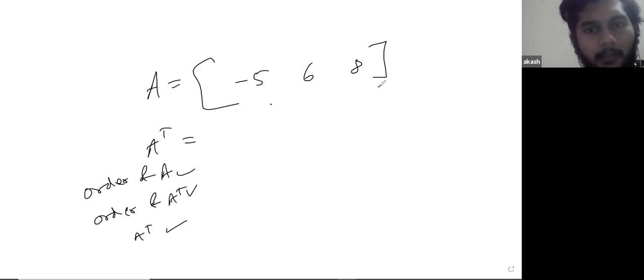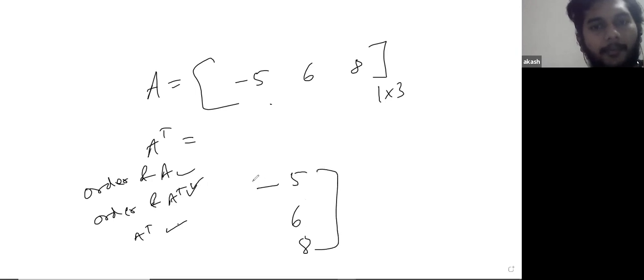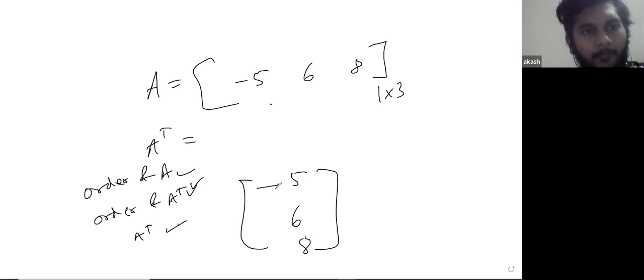Yeah, the first is 1 row, 3 columns. The order of the transpose would be 3, 1, right? And A transpose would be -5, 6, 8, right? Yeah. Okay. Very easy.